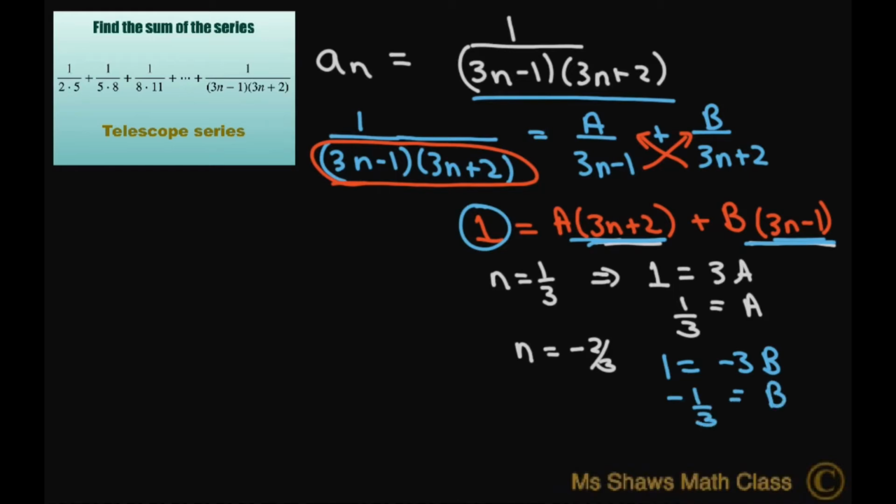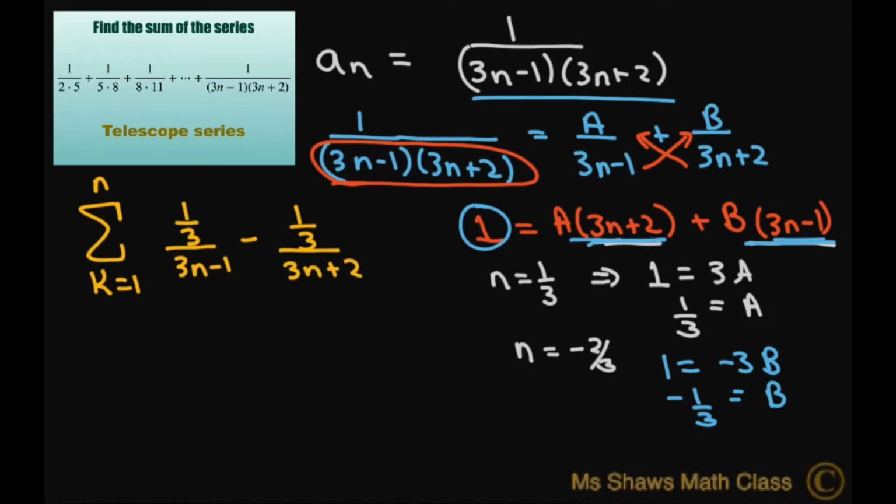Now I'm going to write out my sum like this. We have the sum from k equals 1 to n. My A is 1/3, so you have 1/3 divided by 3k minus 1, and B is negative, so I'll put negative 1/3 divided by 3k plus 2.